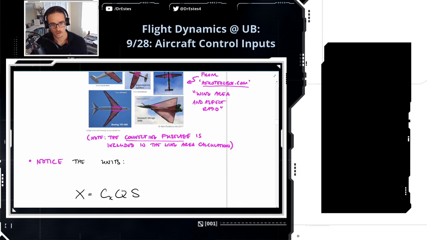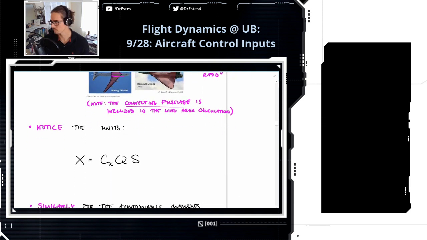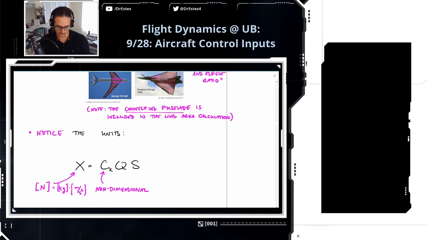All right. Oh yeah, so I wanted to take a second to just verify the units here. So X is a force. Let's stay with SI units. So we got newtons, which if you break that down even further, that's kilograms times meters per second squared. So it's like a mass times an acceleration is a force. All right. And then this coefficient, it's non-dimensional, right? Okay, so I know that Q and S need to add up to newtons.